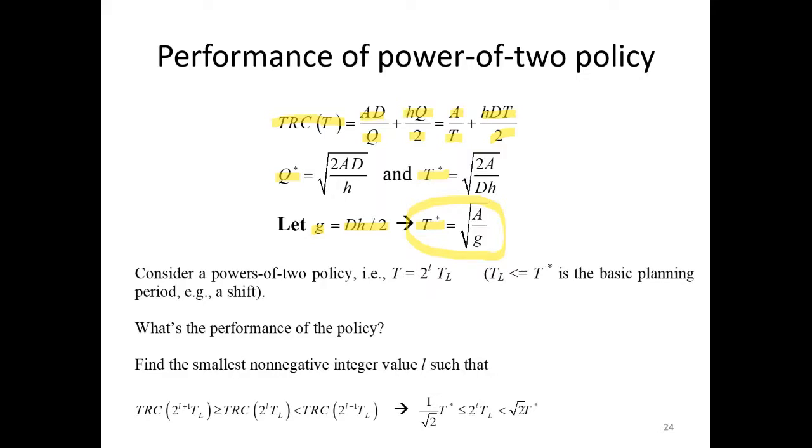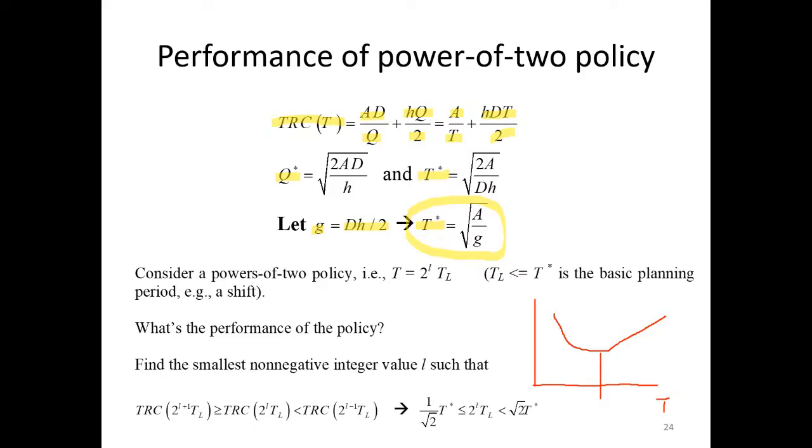In order to illustrate this concept, if we draw the total cost function as a function of T, which is the ordering cycle, it's going to have the same look as the total relevant cost function as a function of Q. It's going basically to have the same shape. In this case, the optimal value, T star, is at the point where the total relevant cost has its minimum value.